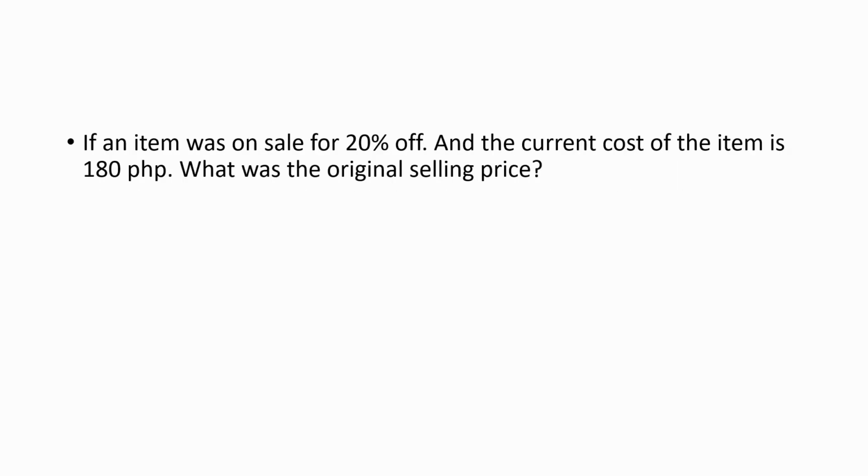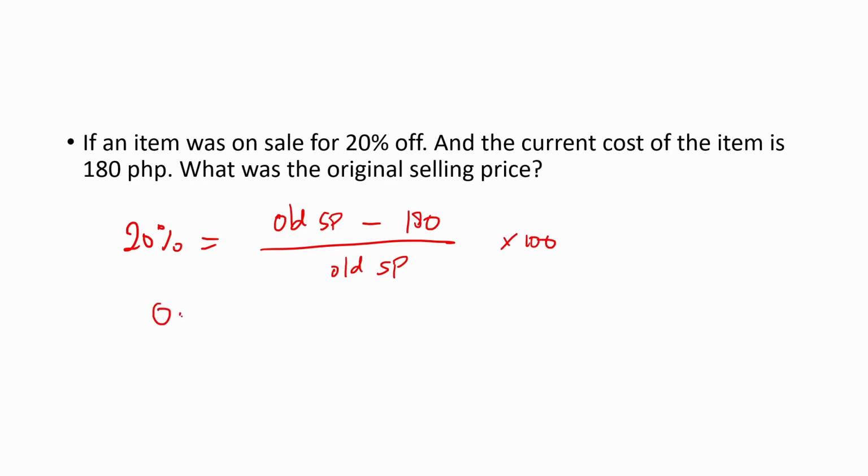Next, if an item was on sale for 20% off and the current cost of the item is 180 pesos, what's the original selling price? Okay, so percent markdown is 20%. The current cost is 180, so we don't know the old selling price. So 0.2 is x minus 180 over x. 0.20x equals x minus 180.